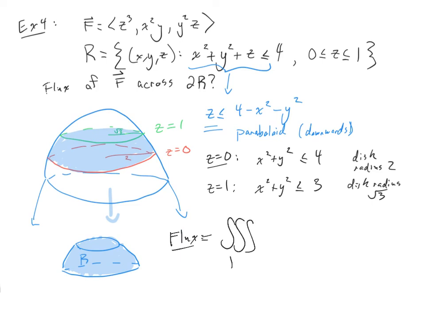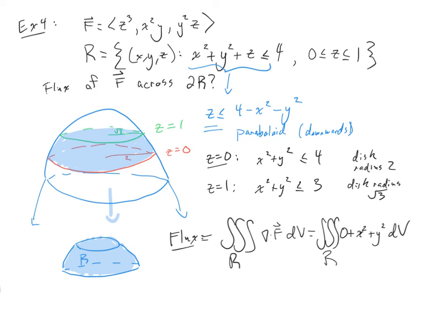So it should be the triple integral over R of the divergence of F dV. And the divergence of F is 0 plus x squared from the d dy component, and then d dz gives me y squared dV.